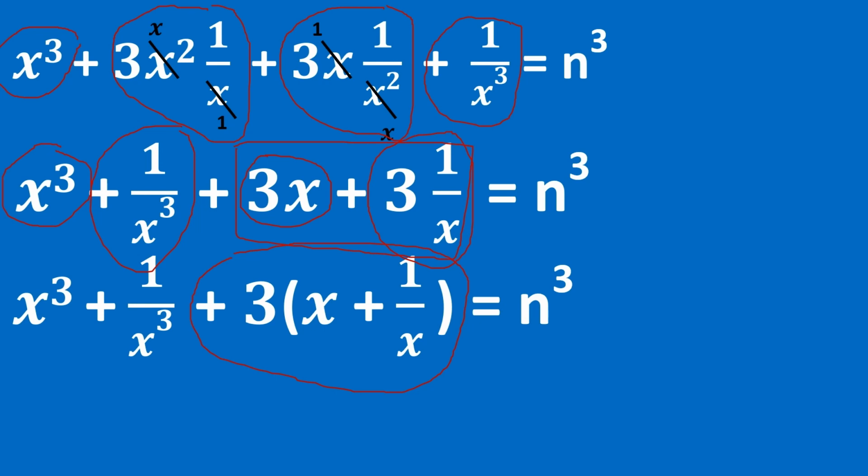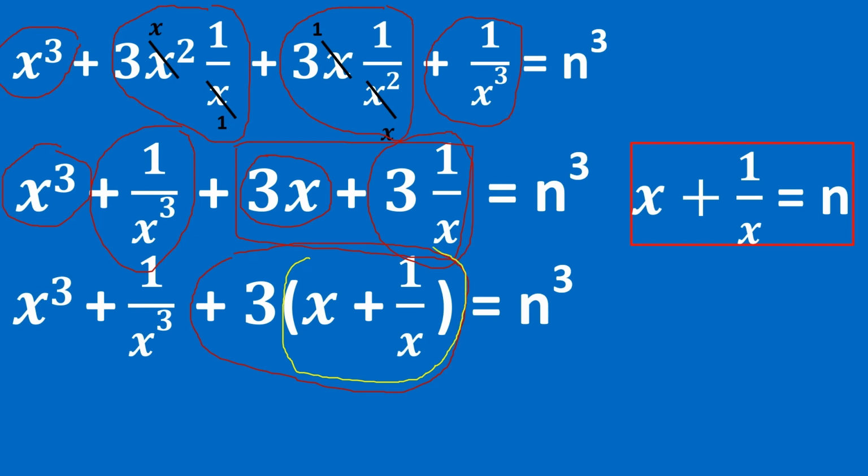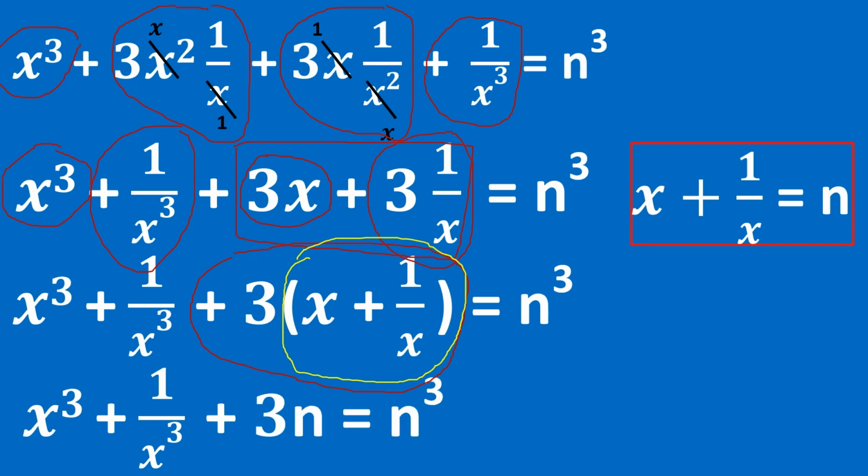So remember that x plus 1 over x is n. x plus 1 over x is equal to n. So this expression here, we can simply call n. So we have x cubed plus 1 over x cubed plus 3n is equal to n raised to power 3.